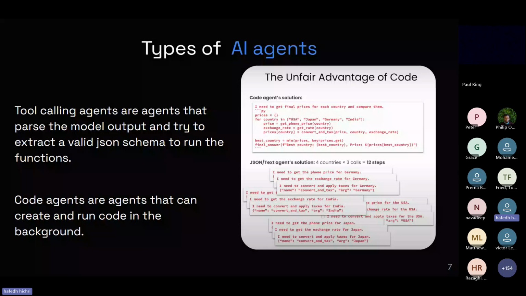The reason behind it is because the model will have to generate the first JSON, the second JSON, the third JSON, and you have to call each of these tools. After each iteration, the model needs to generate a new valid JSON. And the issue in here is that not all models generate valid JSON. So sometimes there can be errors.